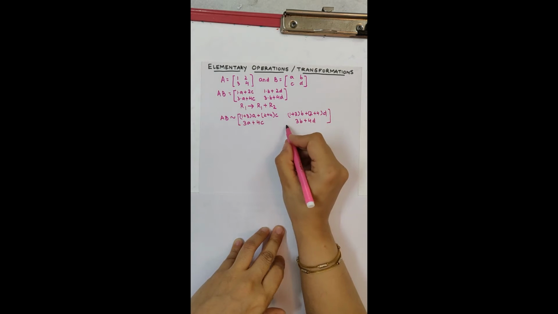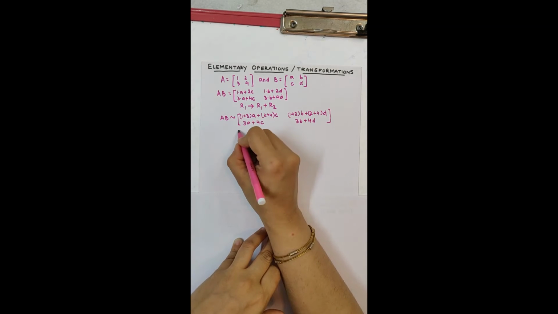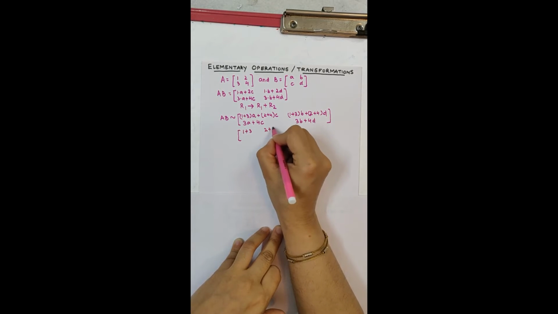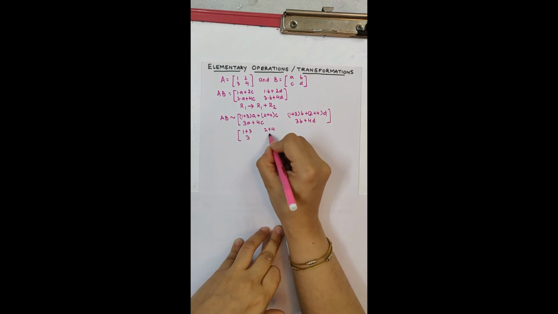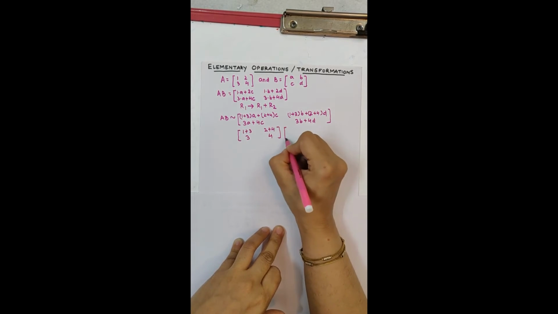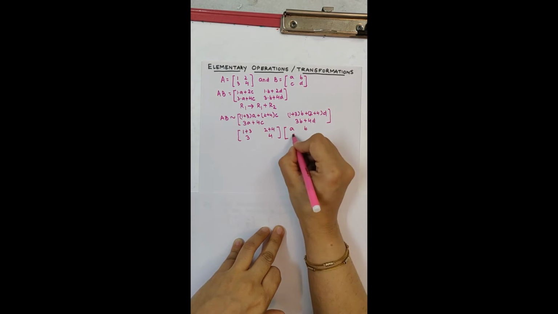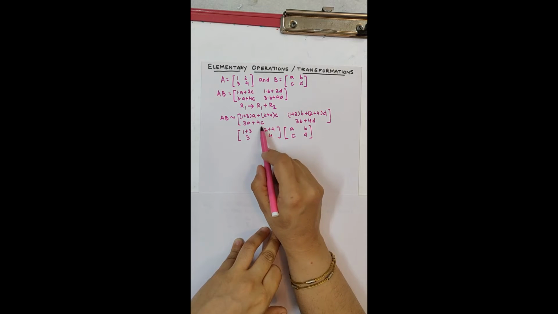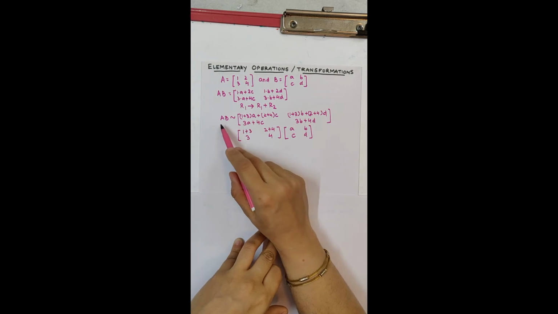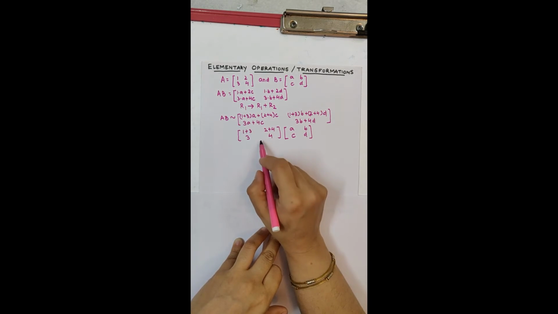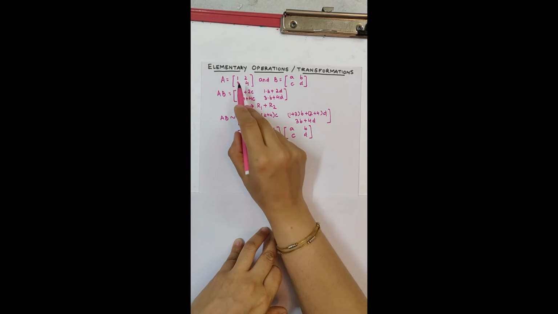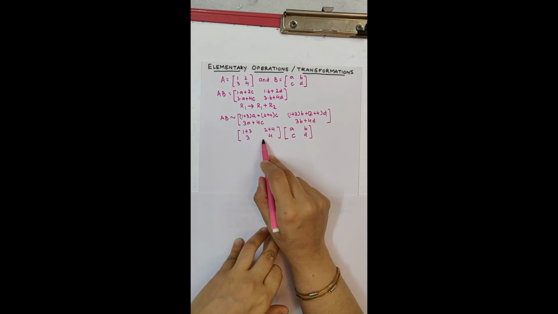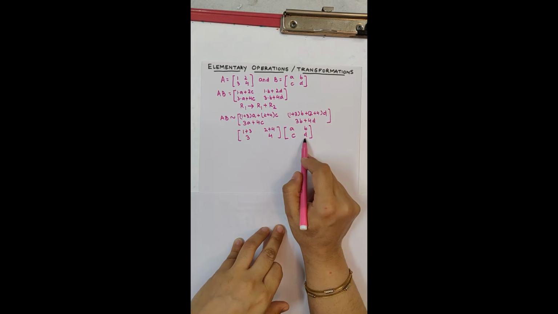Now if you look at this matrix, this is nothing but the product of the matrix [1 plus 3, 2 plus 4; 3, 4] into [A, B; C, D]. So the row operation that I have applied to the product of matrices A and B is actually getting applied only to the first matrix and not to the second matrix.